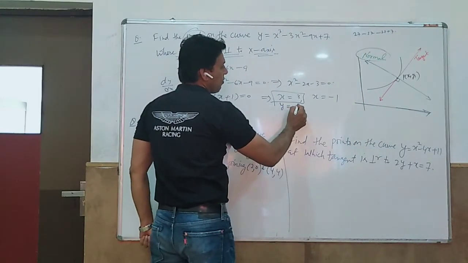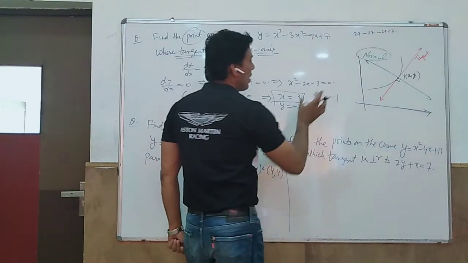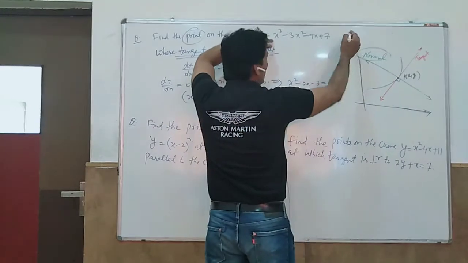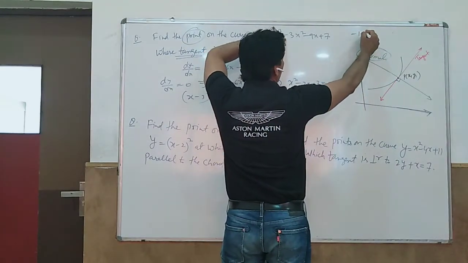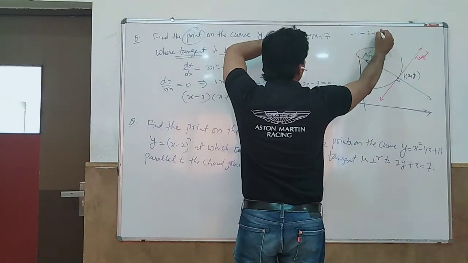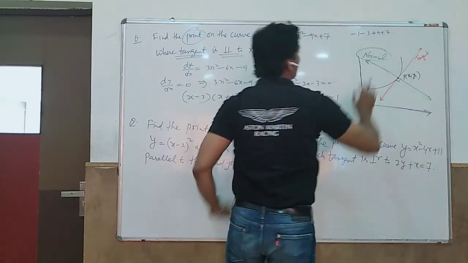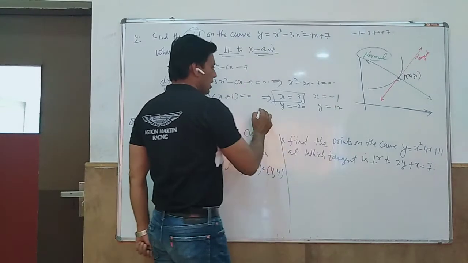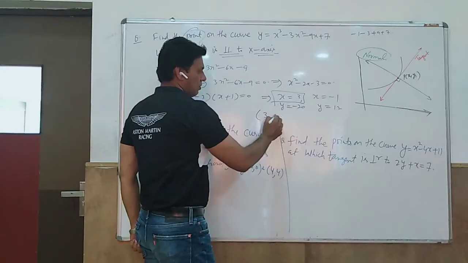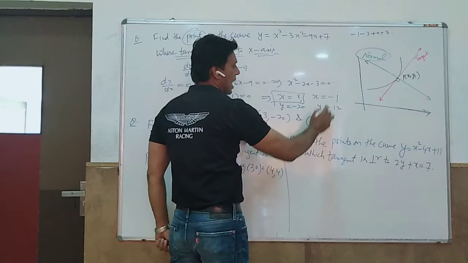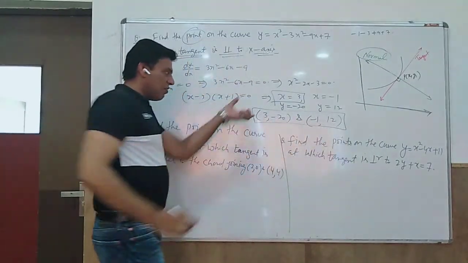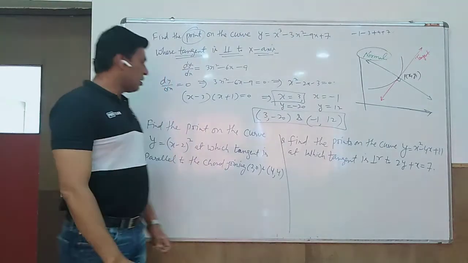So at that point y is equal to minus 20, and when we put x is equal to minus 1 in this curve, we will have minus 1, then minus 3, then plus 9 plus 7, 16 and minus 4, 12. So y is equal to 12. So there are 2 points: (3, minus 20) and (minus 1, 12). Please verify the calculation on your own.